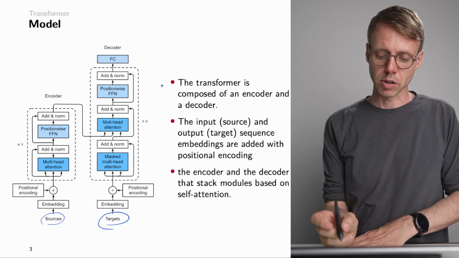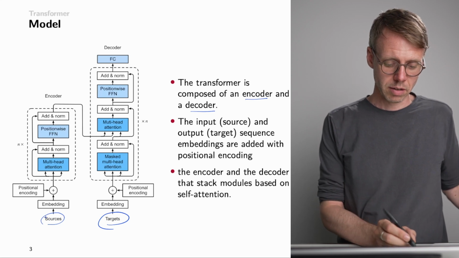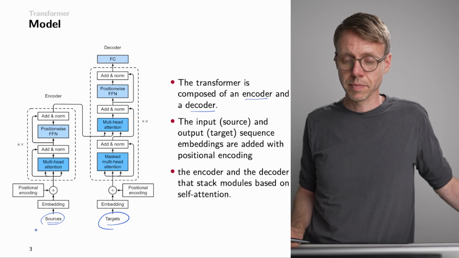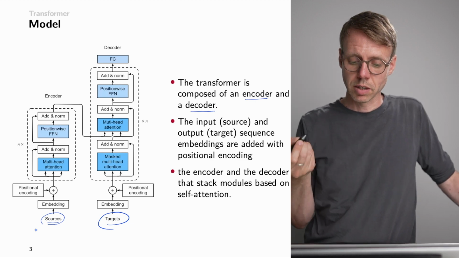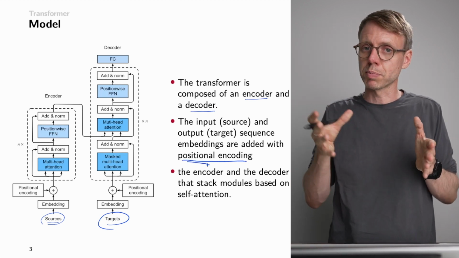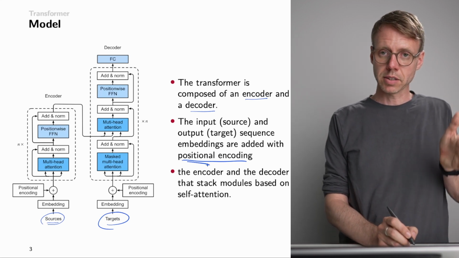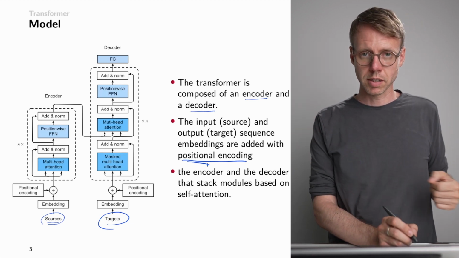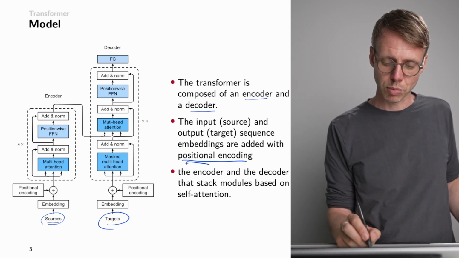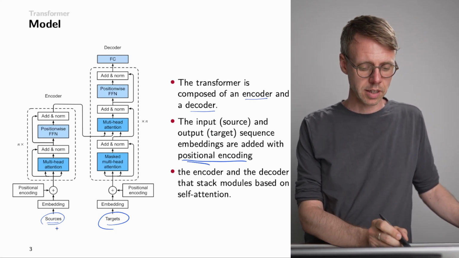So the transformer is composed of an encoder and a decoder. The sources are tokens of a sequence, so we want to add positional encodings to keep track of the position in the sequence. The embeddings of the sequence tokens are enriched with positional encodings, so we add positional encodings to our matrix X.